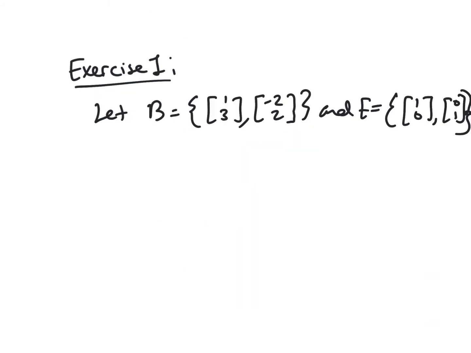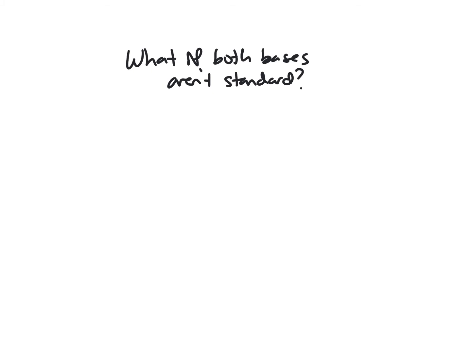Okay, so now I want you to try one on your own. So again, we'll have the standard basis be one of them and this other basis B. And so I want you to find both A from B to E and A from E to B. So we've already talked about how to deal with going to the standard or from the standard, but what if neither is the standard, right?